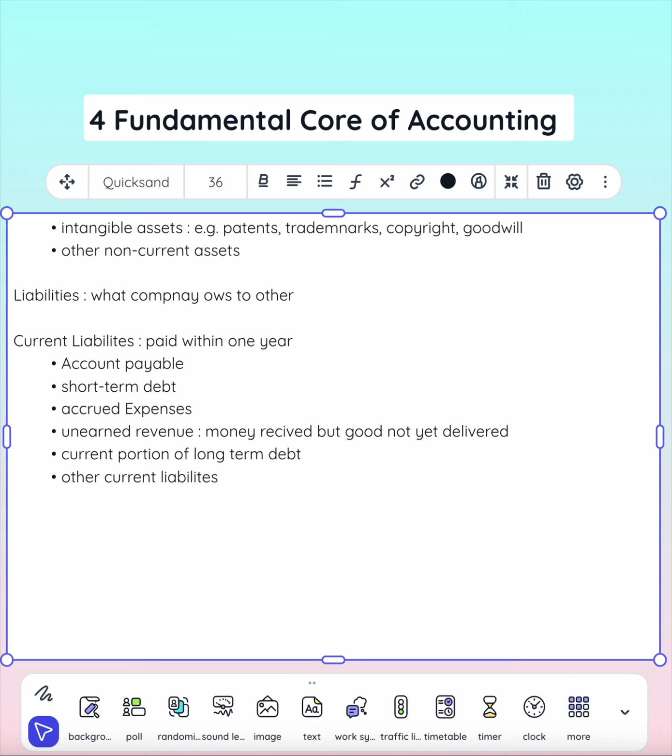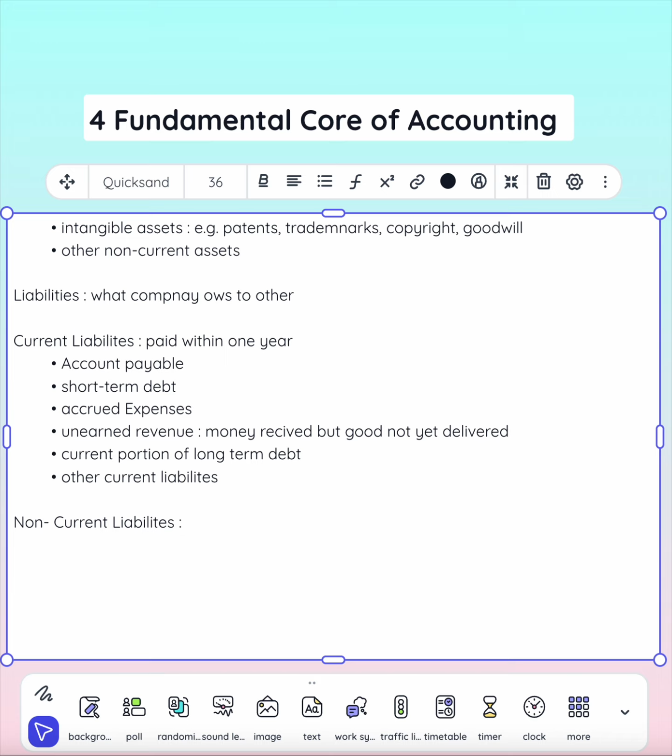What about the non-current liabilities? This is the second kind of liabilities: obligations expected to be paid not within 1 year but in more than 1 year, maybe 2 years, 5 years, or 10 years.